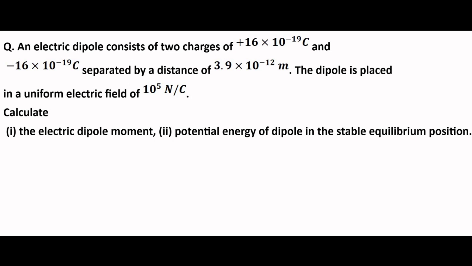So here first we have a dipole with charges minus q and plus q, where the magnitude of charge is equal to 16 into 10 to the power minus 19 coulomb.